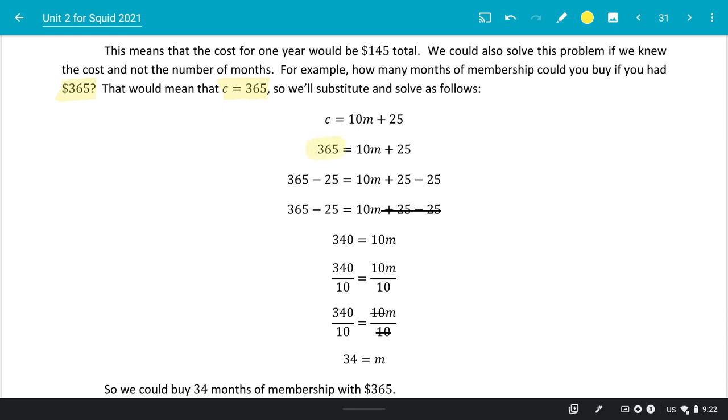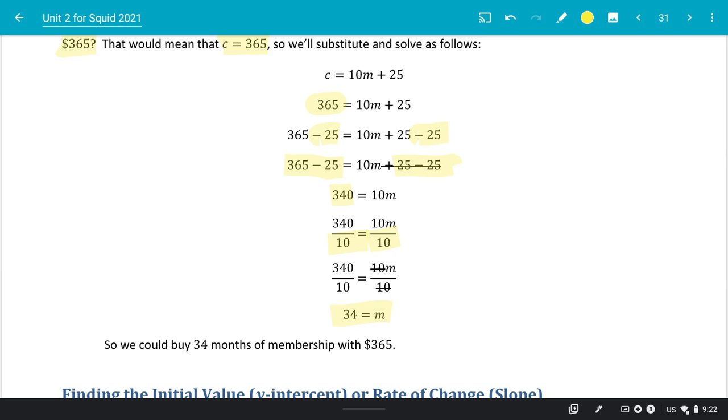Notice they put the 365 in for C. Then we subtract 25 from both sides. It cancels on the right, and then 365 minus 25 is 340. Divide by 10, so M equals 34. So we could buy 34 months of membership with $365.